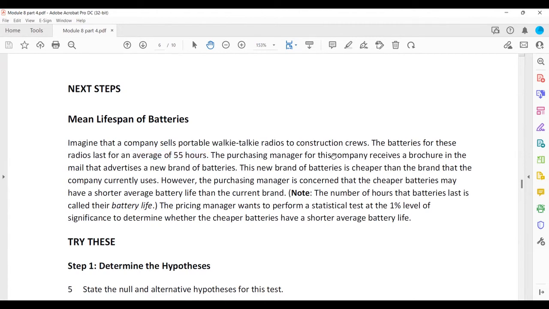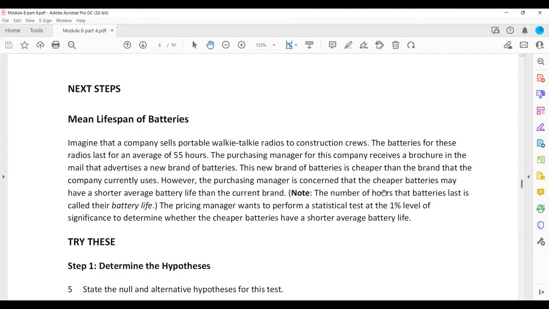The purchasing manager for this company receives a brochure in the mail that advertises a new brand of batteries. This new brand of batteries is cheaper than the brand that the company currently uses. However, the purchasing manager is concerned that the cheaper batteries may have a shorter average battery life than the current brand.